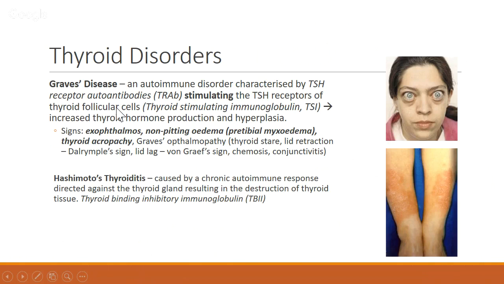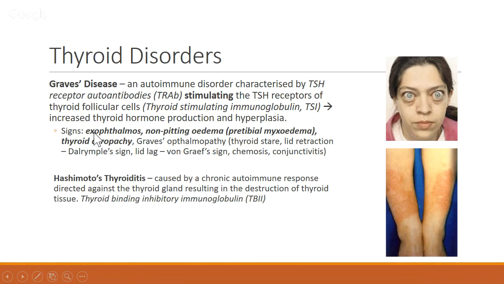In Graves, they stimulate the follicular cell to produce more thyroid hormone, whereas in Hashimoto's, they inhibit it, right? This is because these TSH receptor autoantibodies are split into two types. There are thyroid stimulating immunoglobulins, which are found in Graves, and thyroid binding inhibitory immunoglobulins, which are found in Hashimoto's.